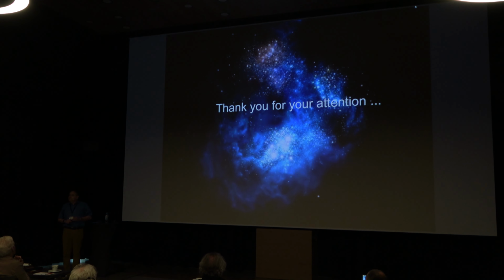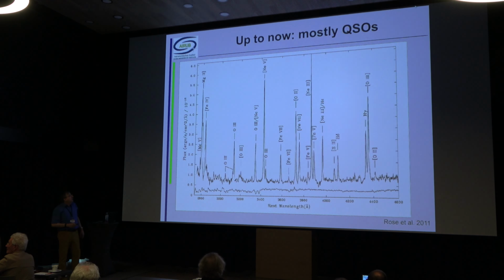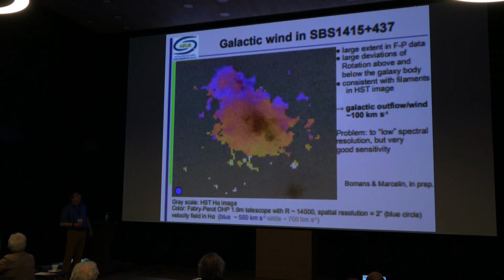So, yeah, please. The Fabry-Perot, yeah, that is like scanning. Correct me if I'm wrong. It's scanning through a filter. So you basically can scan at a very high resolution, depending on the step size, through certain lines of interest. Right?